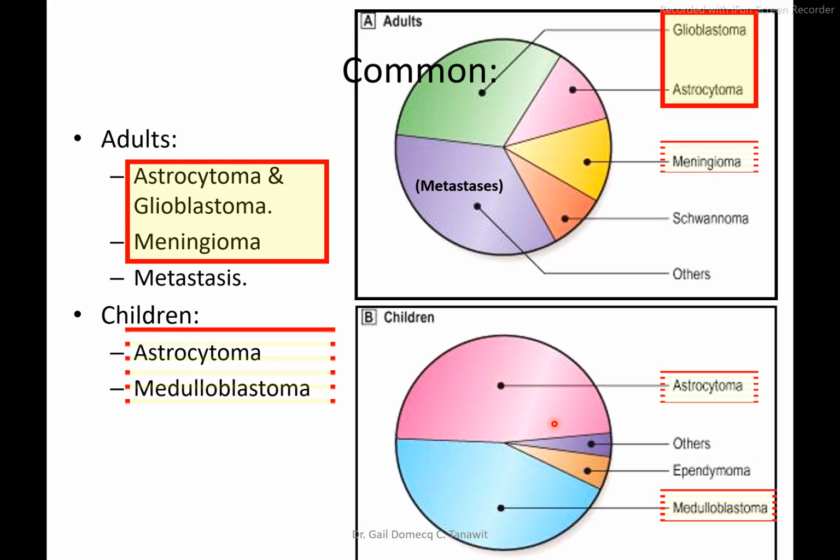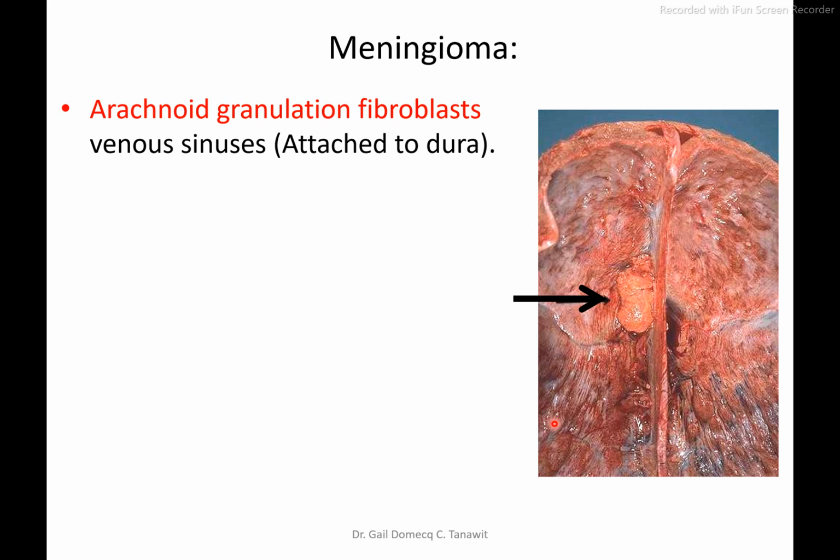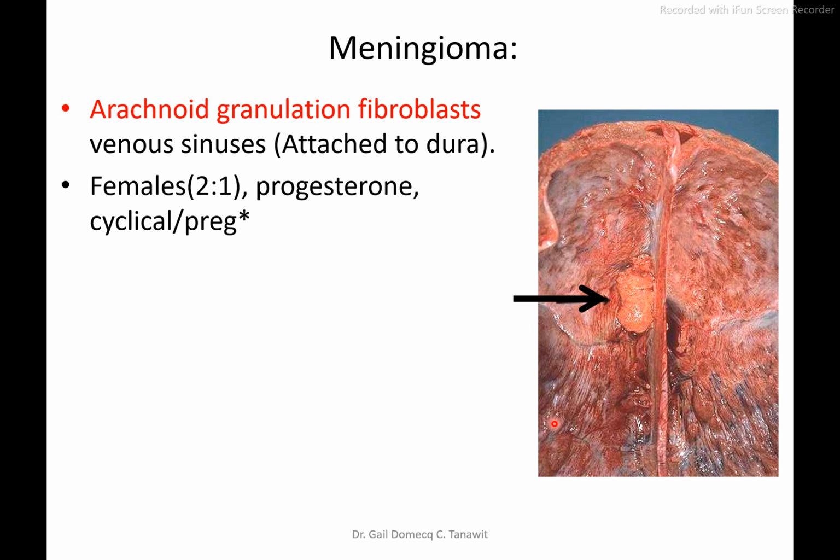So this is a gross picture of your meningioma. So meningioma is not a glial tumor, okay? It just sits outside the brain. So arachnoid granulation, fibroblast, venous sinuses attached to the dura. Okay? So females are more commonly affected, 2:1, and it's linked to progesterone because of the cyclical changes in the hormonal status of the female, and pregnancy can also play a role.